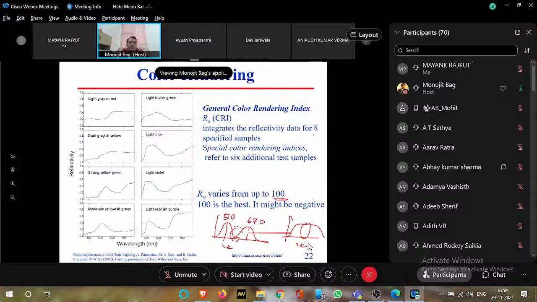You come back home, and the next day morning you try to see the color. It may appear very different, and that is because the light source they are using at the shop may not be a pure white light source. So the color appears very different there than when you see it under sunlight. That is why the color rendering index becomes so important.